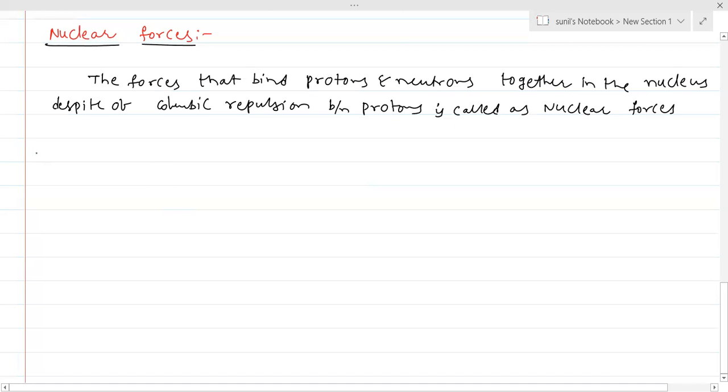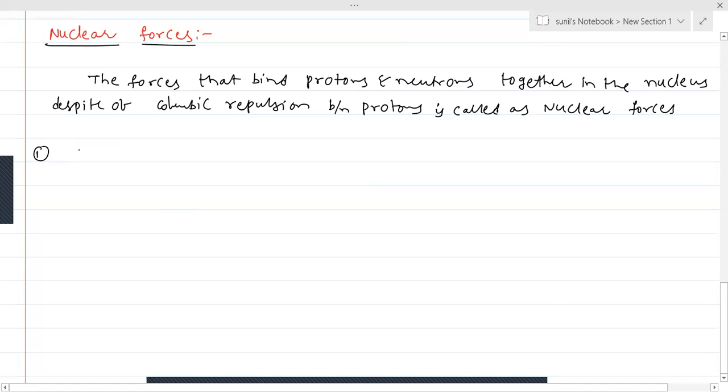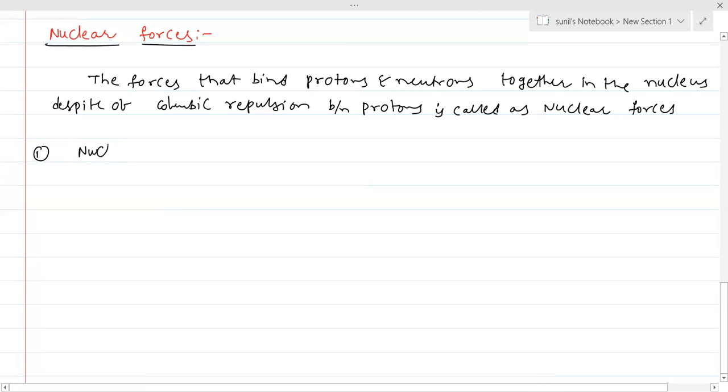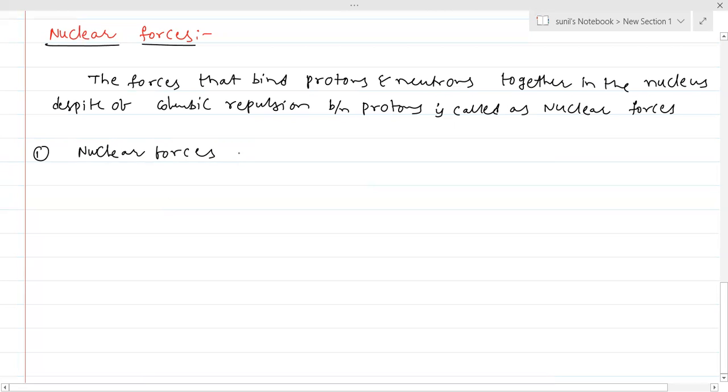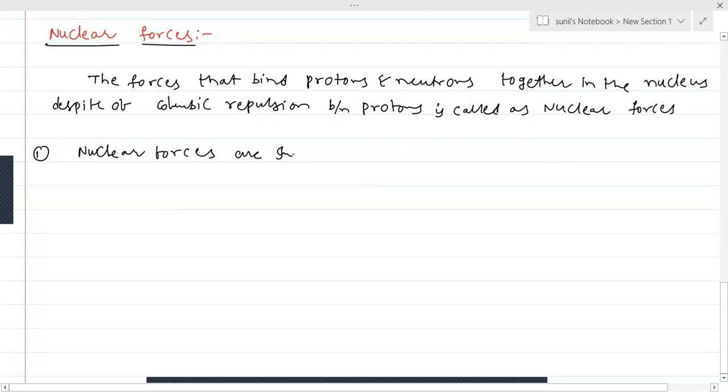So we have some important properties for the nuclear force. The first one is nuclear forces are independent of charge.